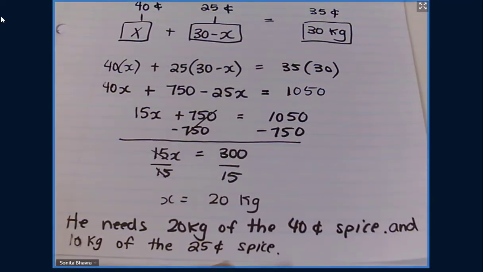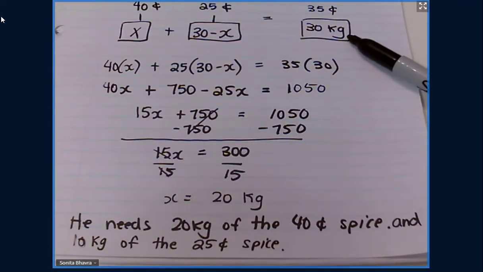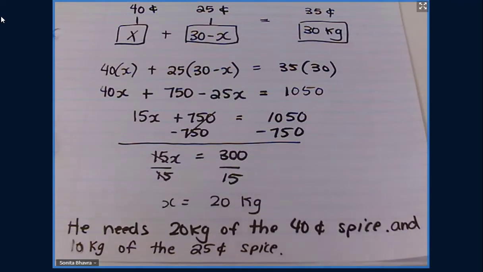So there's our statement. He needs 20 kilograms of the 40-cent spice and 10 kilograms of the 25-cent spice. Together, it makes 30 kilograms, and he can sell it for 35 cents per kilogram.